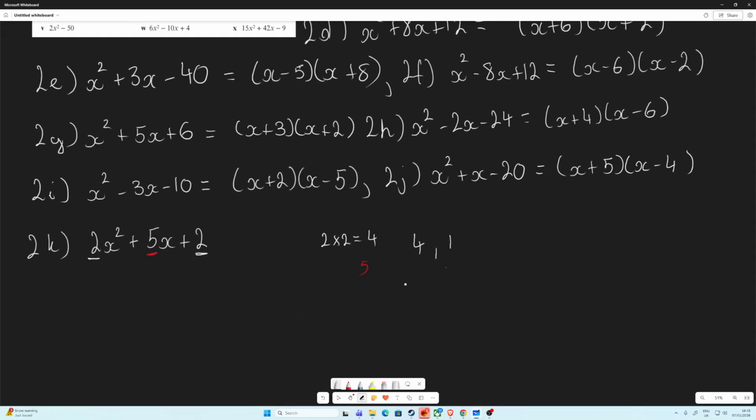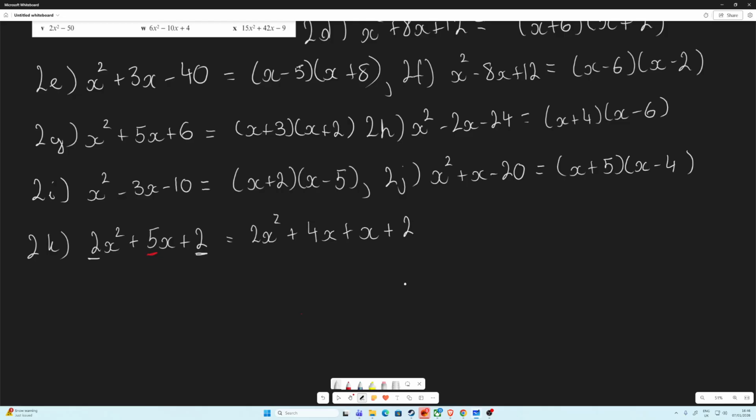Now what we'll do is say that this is equal to 2x squared plus 4x plus x plus 2.